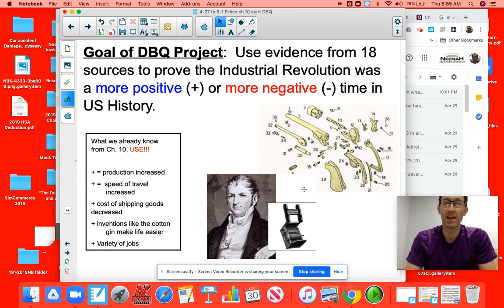We know that inventions like the cotton gin and the interchangeable parts made life easier for people. And we know that a variety of jobs were created. All these things were very good. What we haven't seen a lot of is how it's bad, okay? We're going to focus on both because you also need to produce a counterclaim in your writing.